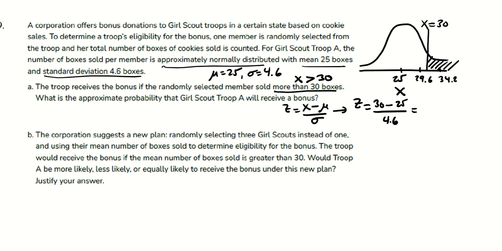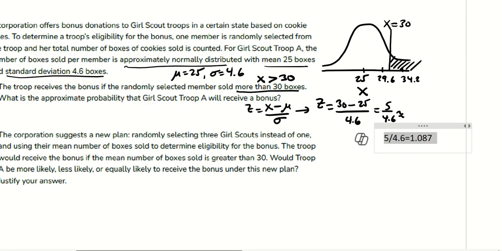So we get 5 over 4.6, which is about 1.1. Rounding to 2 decimals, 1.09.